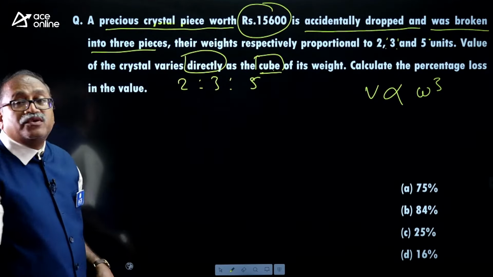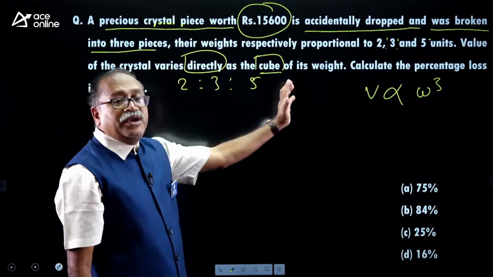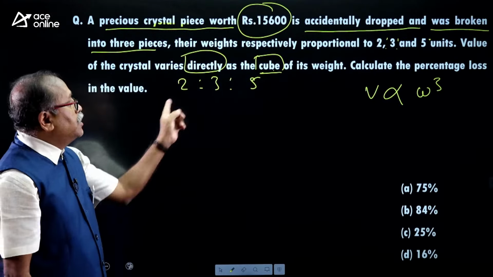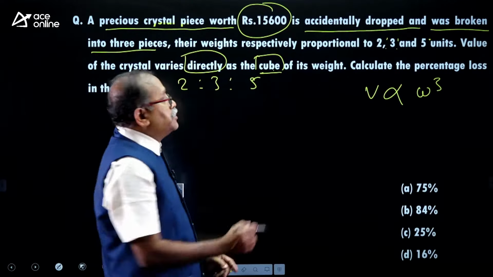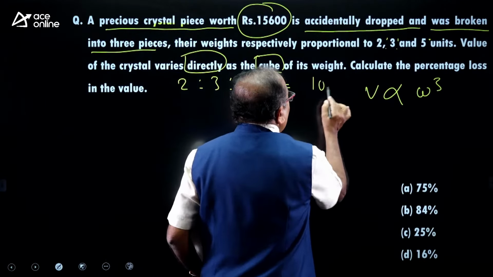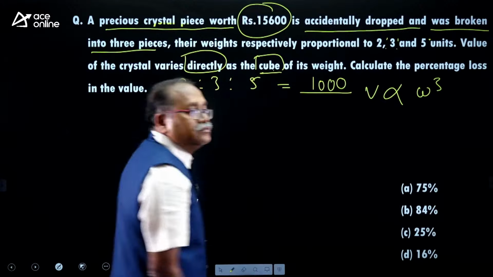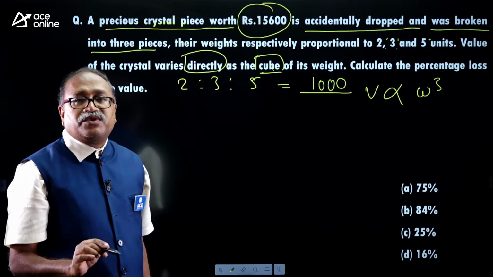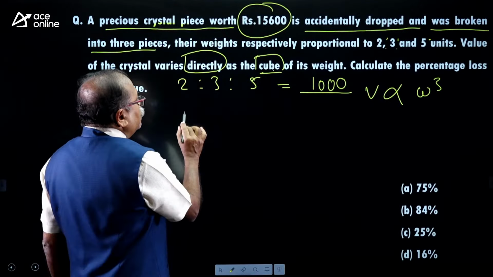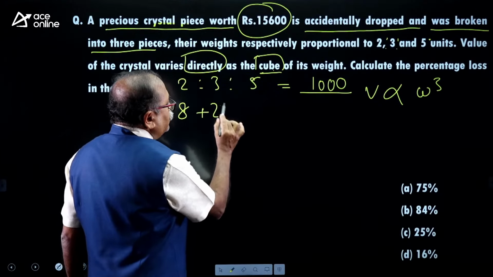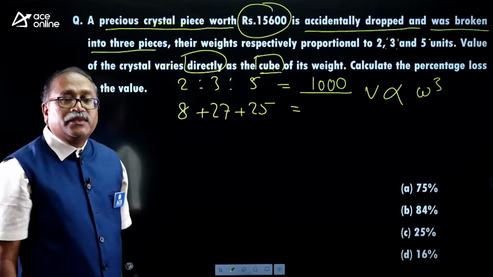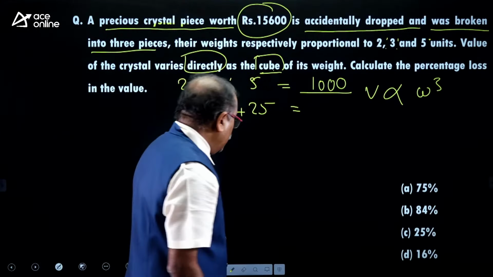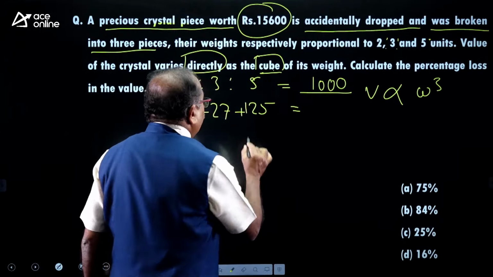Now, what is the best trick to answer this question? Let me tell you, I will take the whole sum and then take the cube of that. That is 10, and 10 cubed is 1000. Look at this one, the best way to answer the question. And 2 cubed is 8, plus 3 cubed is 27, plus 5 cubed is 125.